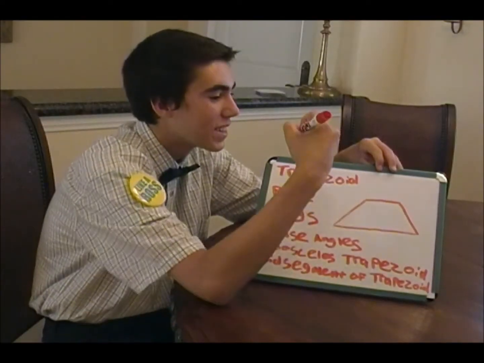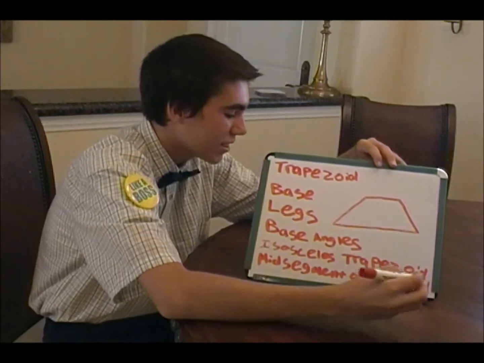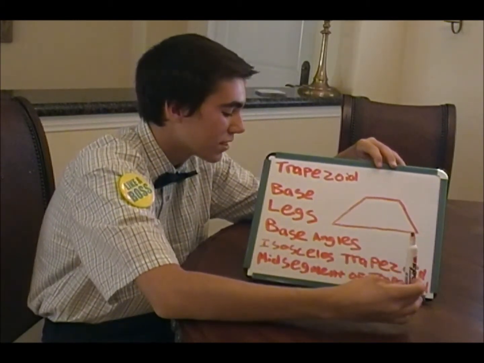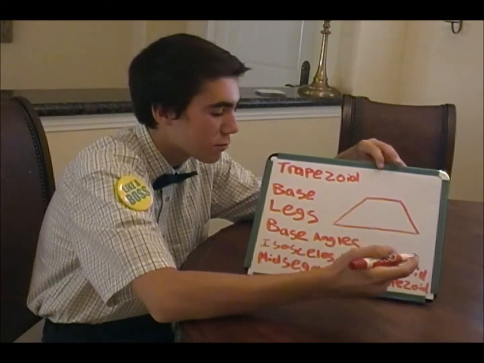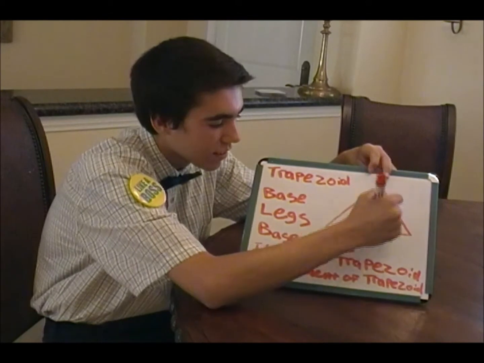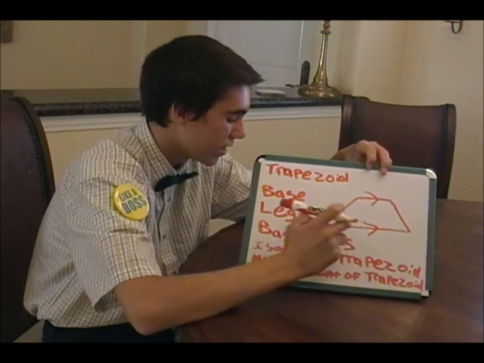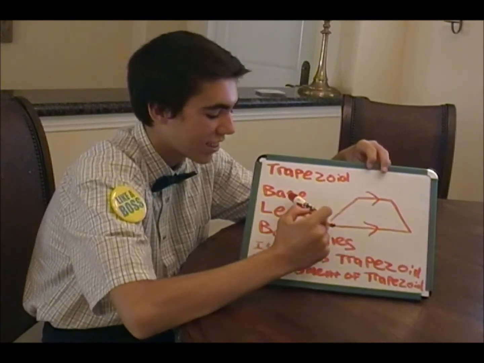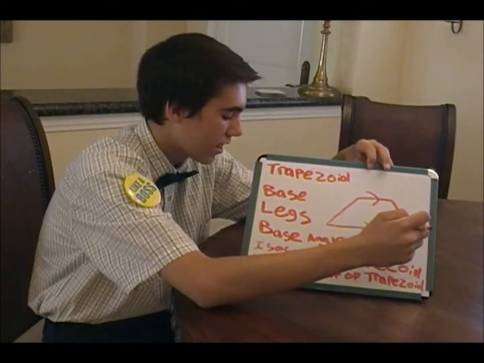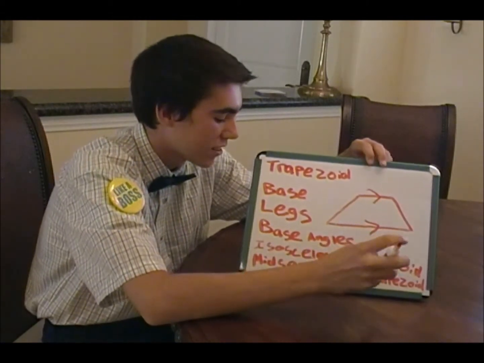So now we're going to be going in depth about trapezoids. A trapezoid is a quadrilateral, just like all the other shapes, and it has 1 pair of parallel sides, and its parallel sides are the bases. The legs are the other sides, and they're not parallel.